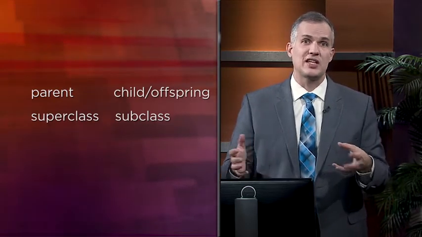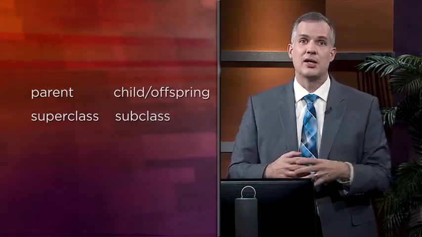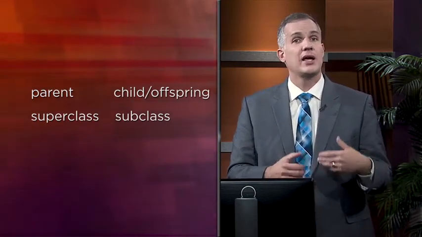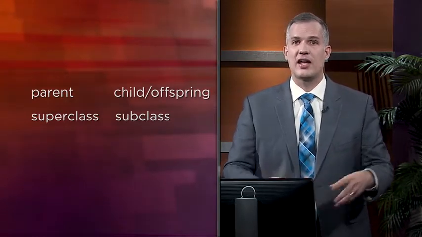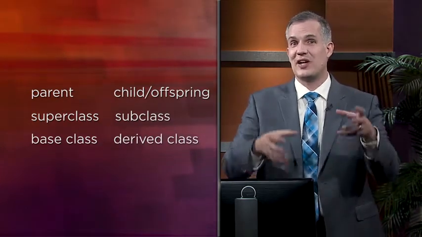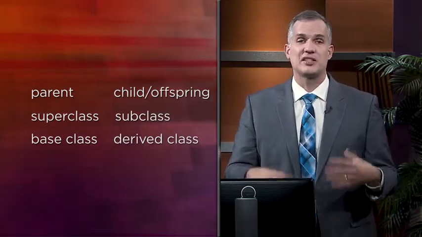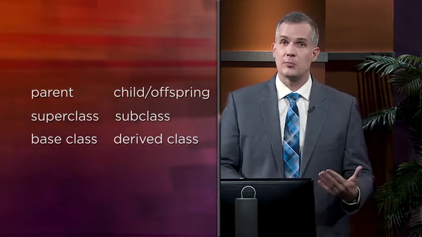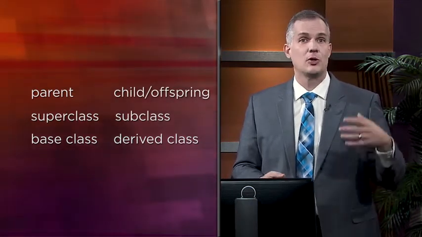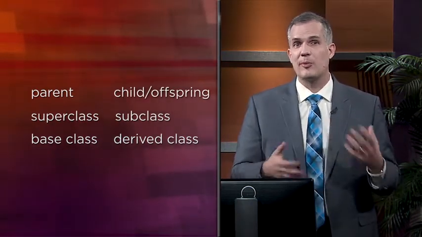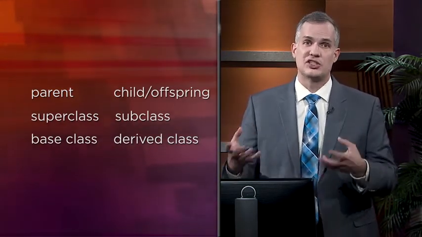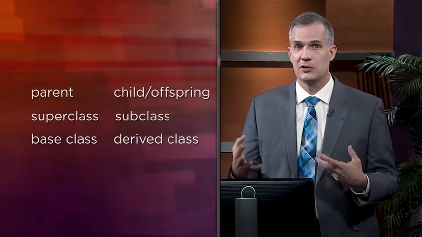A superclass encompasses lots of different classes, and a subclass is a more narrow description of a class. And a third terminology is to talk about a base class and a derived class. The base class is effectively the parent, and the derived class is the child. So, for the most part, if you hear the term parent class, superclass, or base class, those terms probably mean the same thing. And if you hear the term child class, subclass, or derived class, well, those terms mean the same thing.